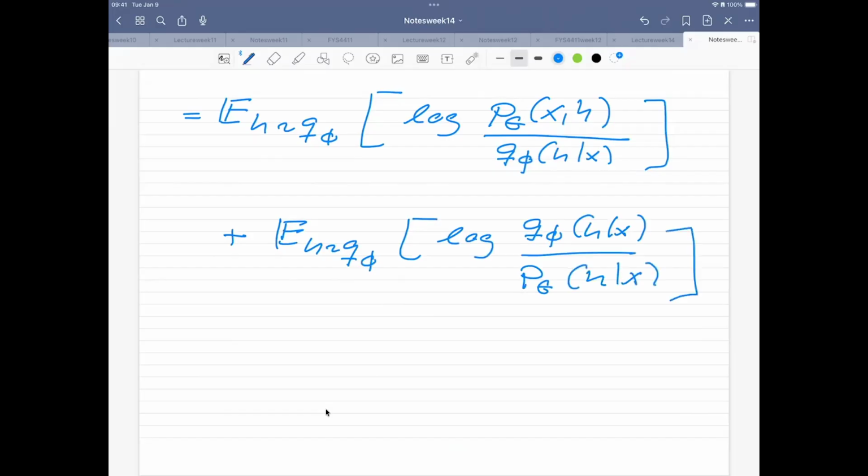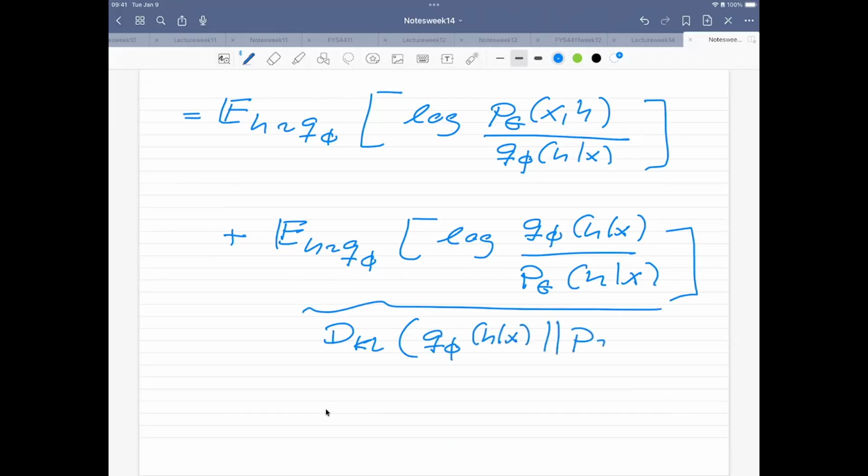Now the last term is one which is a Kullback-Leibler divergence lookalike. We're actually going to replace that one, and we know that that one is larger or equal than 0. So this term which you see here is nothing but this Kullback-Leibler term, where we have q of phi of h given x, and then this double bar of p theta of h given x.